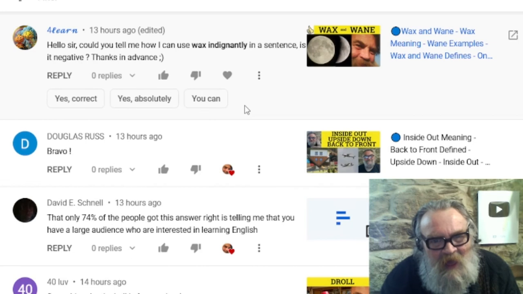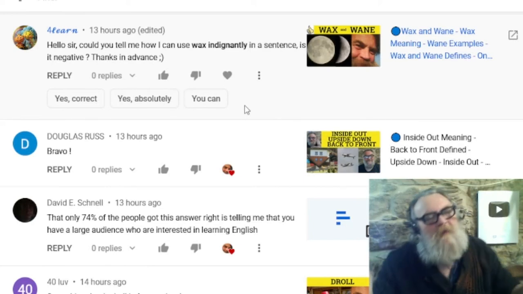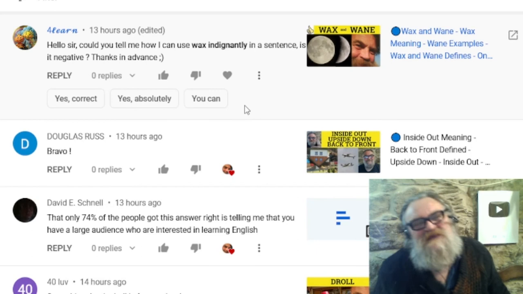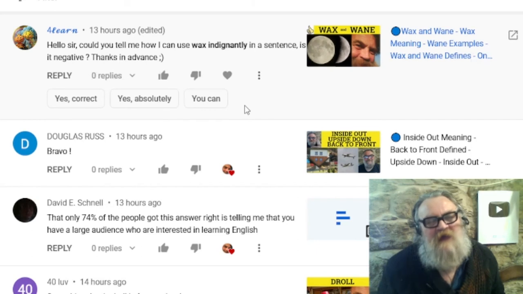And for Learn, how can I use wax indignantly in a sentence? Is it negative? So to wax is to talk about at length in this case. So he waxed indignantly about the state of our environment.